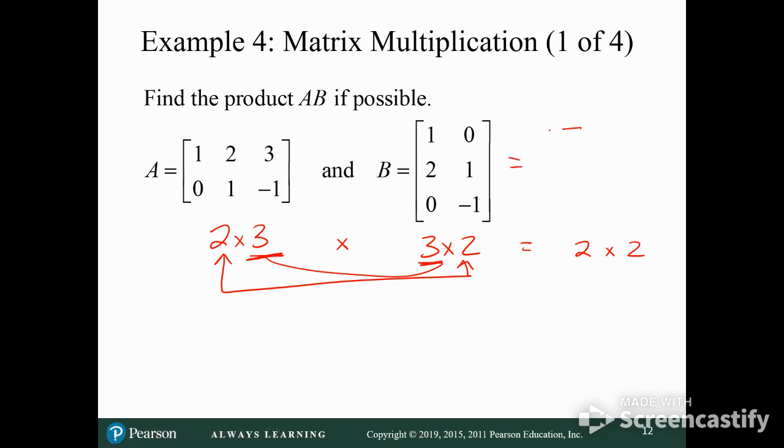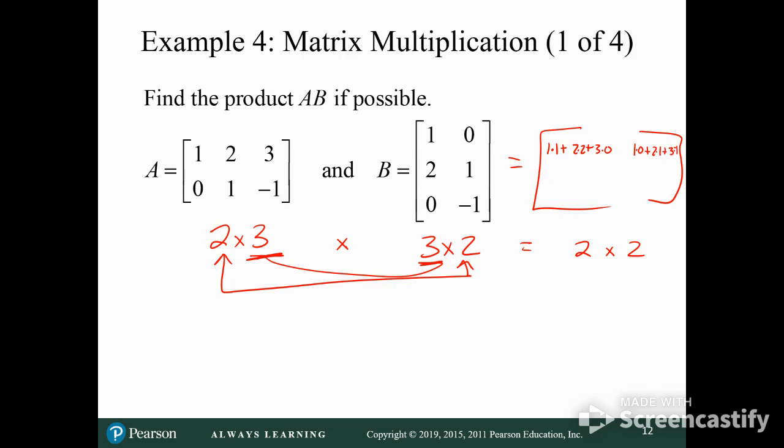So when we multiply these together, I take the whole first row times the whole first column. So I take 1 times 1 plus 2 times 2 plus 3 times 0. This times this, this times this, this times this. And that's my first element. My second element is going to be top row times second column: 1 times 0 plus 2 times 1 plus 3 times negative 1.